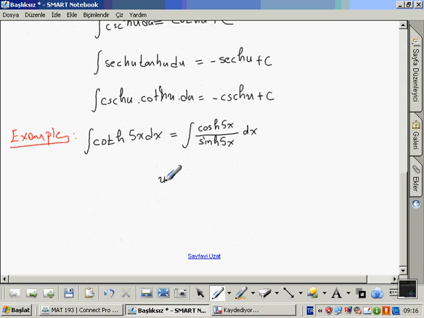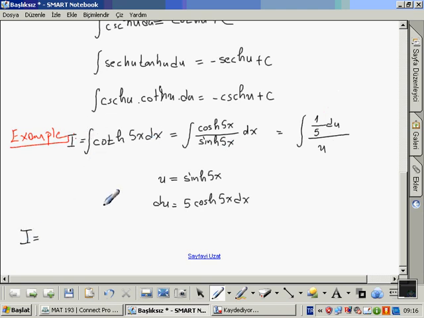If you choose u as sinh 5x, then ∂u will be 5 times cosh 5x ∂x, and after that you can write this integral as 1/5 times ∂u over u.